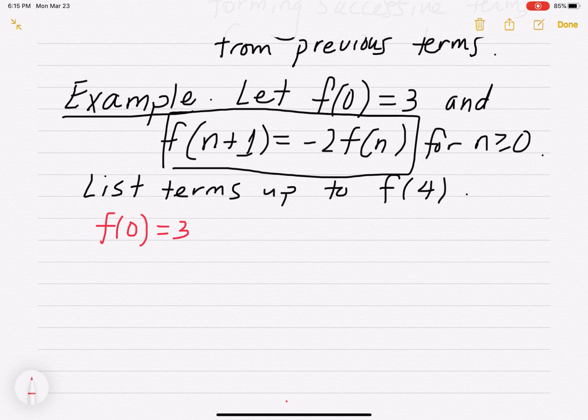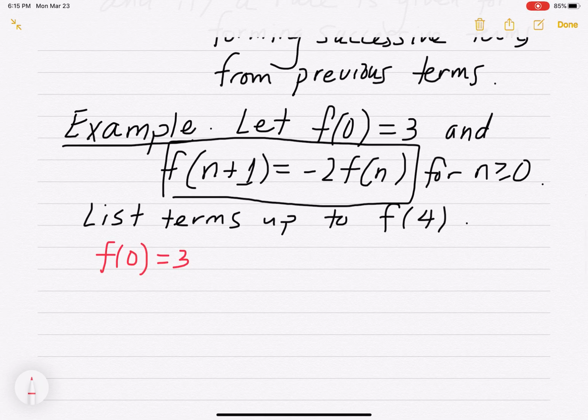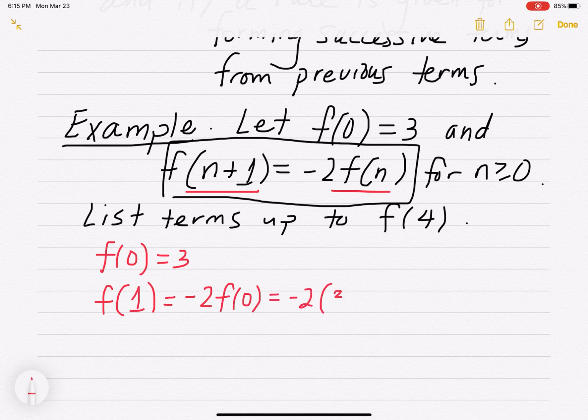So if I want to find f of 1, by using my recursive definition here, f of 1 is going to be negative 2 times f of 0. So in other words, negative 2 times 3, which is negative 6. So there's my f of 1 term.